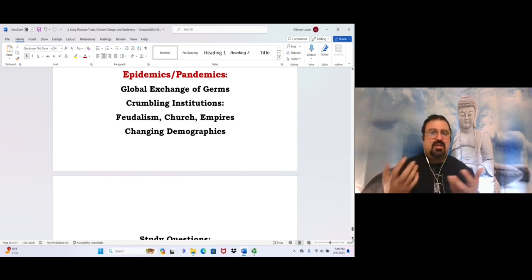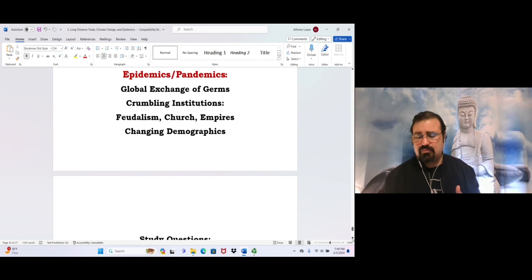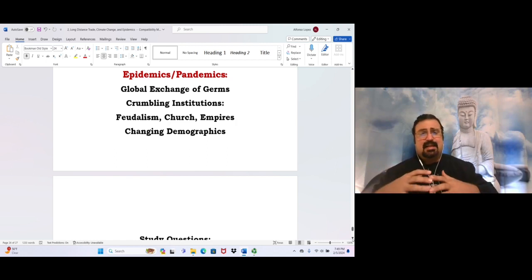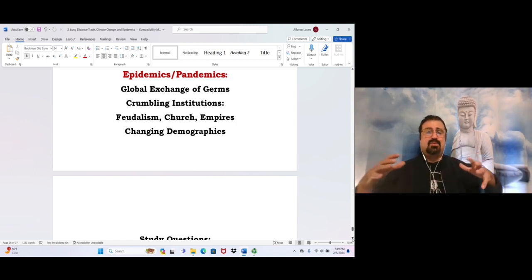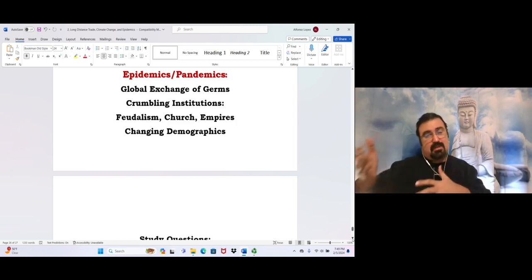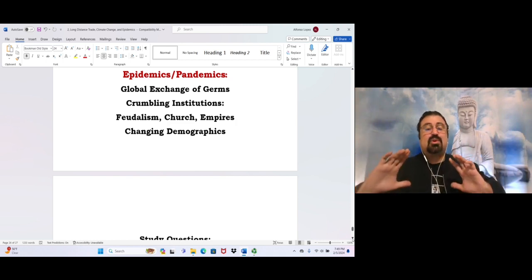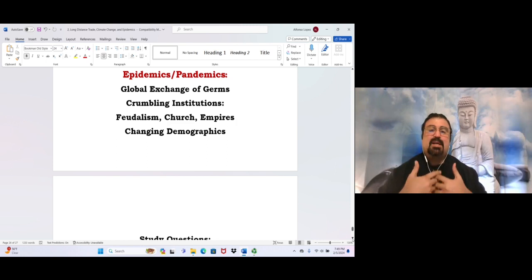Again, we have, of course, changing demographics. The demographics of the world are also changing as a result of those pandemics. And that is because in the Americas, with the Great Dying, there was the need to introduce the Spanish and the Portuguese, the need to introduce populations from other areas of the world, in this case from Africa, in order to serve as labor to produce what needed to be produced to sustain their colonial societies and the products of their enterprises as well.